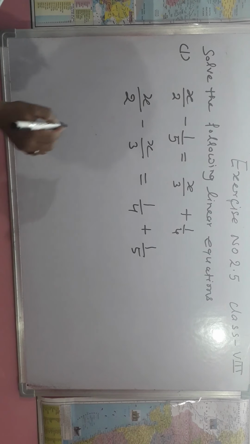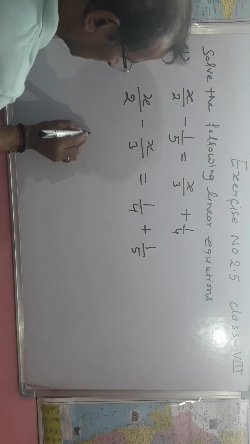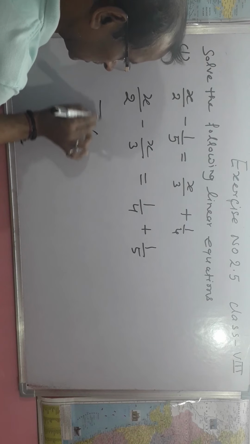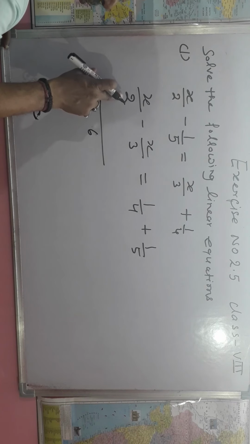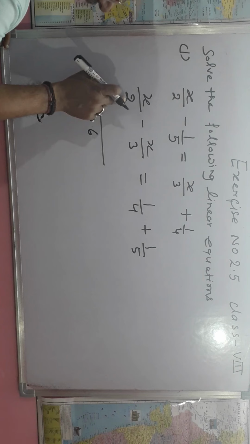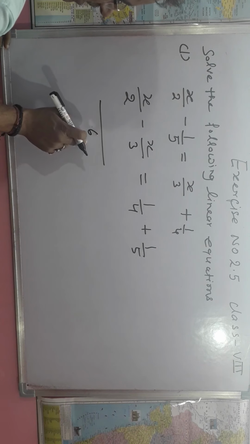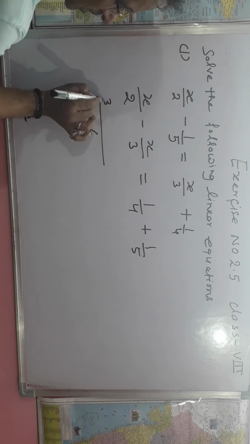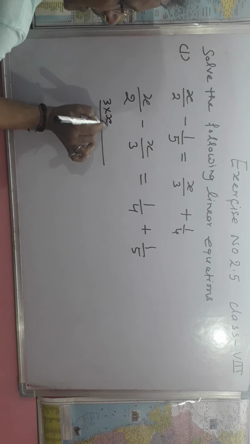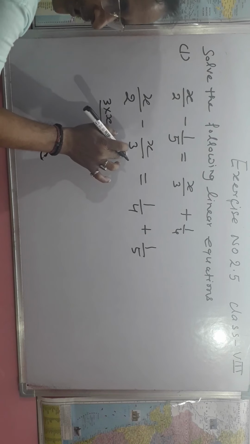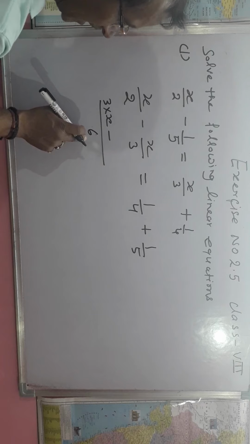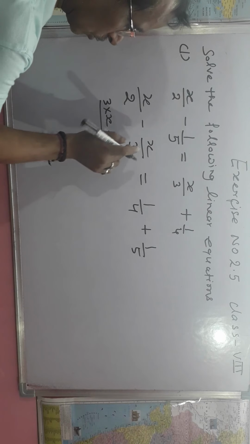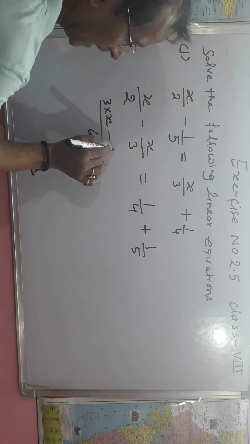Now the LCM is 6. We have to divide 6 by 2. 2 3s are 6. Then we multiply 3 to the numerator, that is x, minus. We have to divide 6 by 3. Then we get 2. Then 2 multiply x.